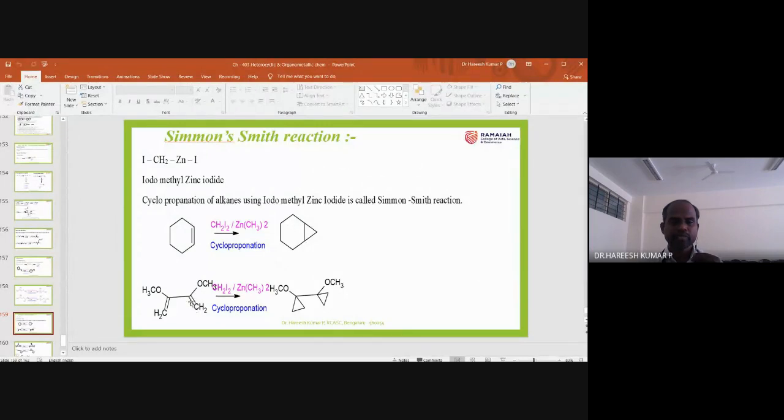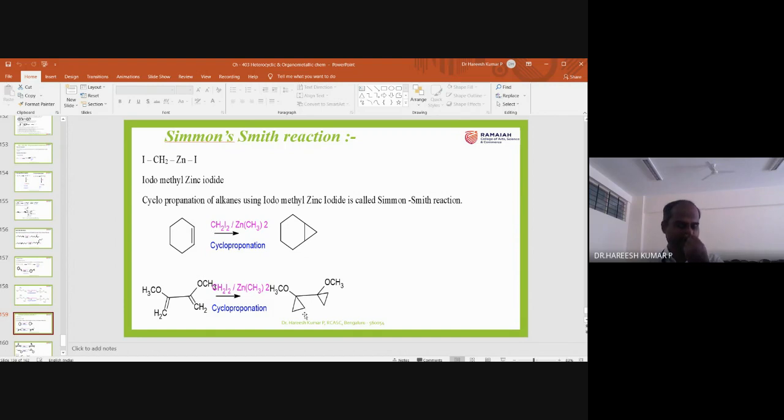Here you can observe two double bonds. This is one double bond, this is another double bond. Both double bonds get converted by cyclopropanation. So both these reagents react, giving rise to this product. Here the double bond can react with this carbon, and there is a new bond formation between this carbon and this carbon, this carbon and this carbon.